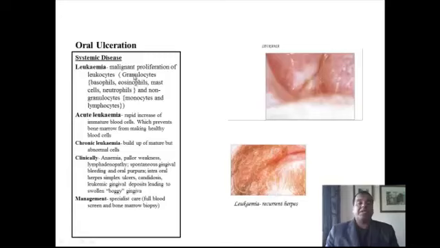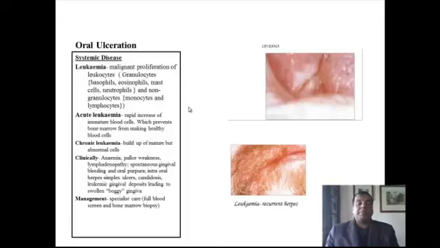Leukemia involves malignant proliferation of leukocytes: granulocytes, basophils, eosinophils, mast cells, and neutrophils, and non-granulocytes, which are monocytes and lymphocytes. In acute leukemia, you get a rapid increase in immature blood cells, which prevent bone marrow from making healthy blood cells. In chronic leukemia, you get a build-up of mature but abnormal cells.